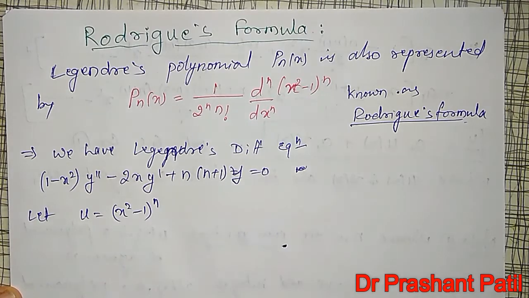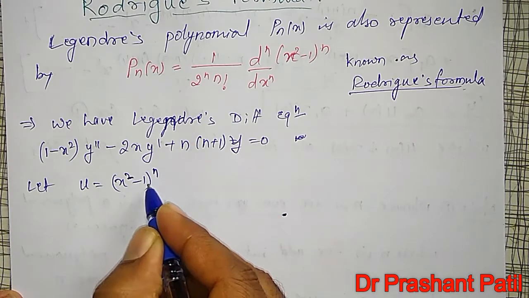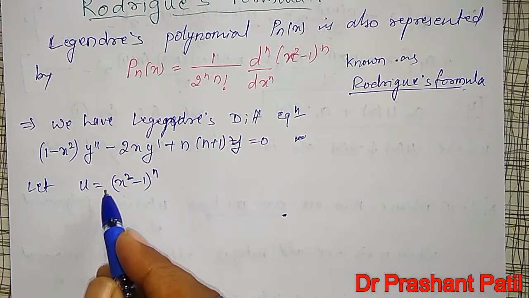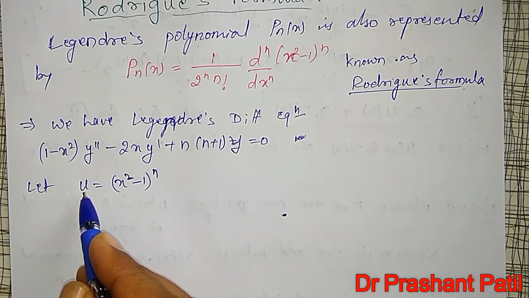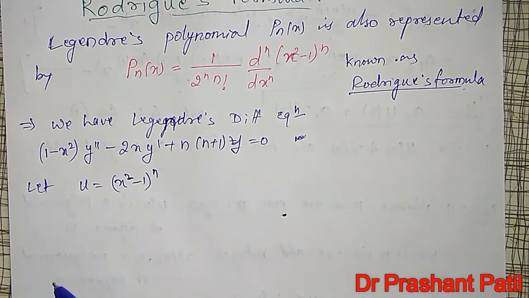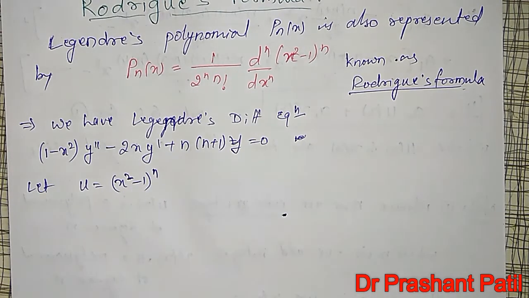For that, let me consider u equal to (x square minus 1) whole raised to n, and let me show that its nth derivative is the solution of Legendre's differential equation.